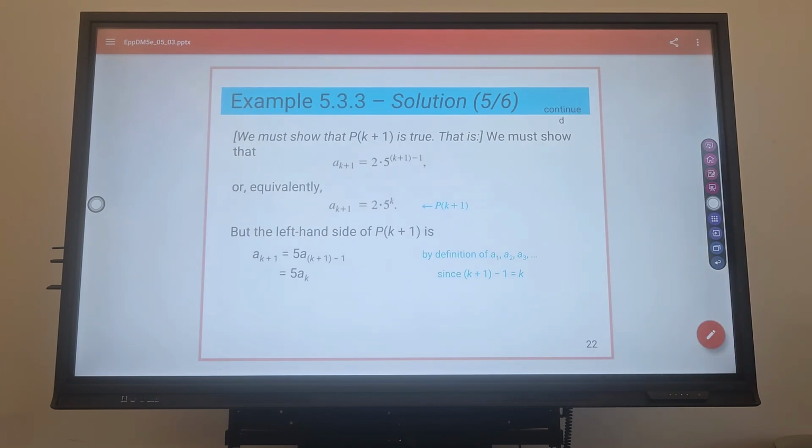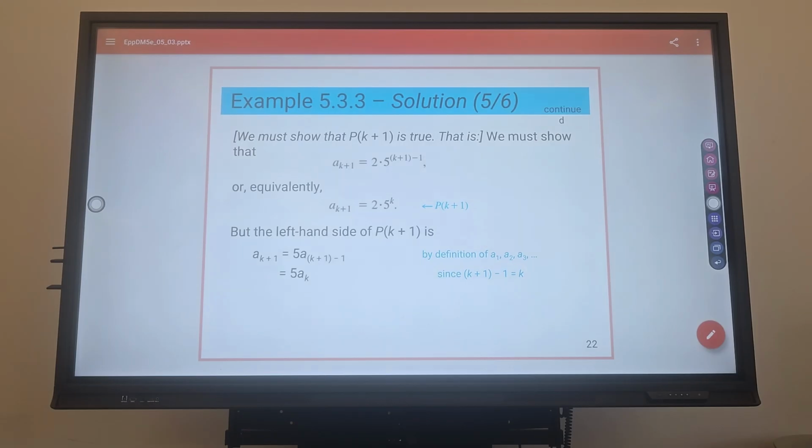We must show that P of k plus 1 is true. Show that a sub k plus 1 equals 2 times 5 to the k plus 1 minus 1, or equivalently, a sub k plus 1 equals 2 times 5 to the k.